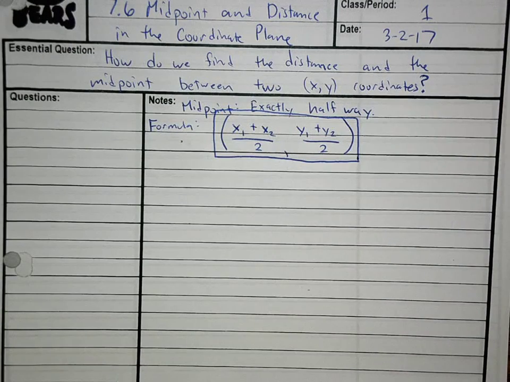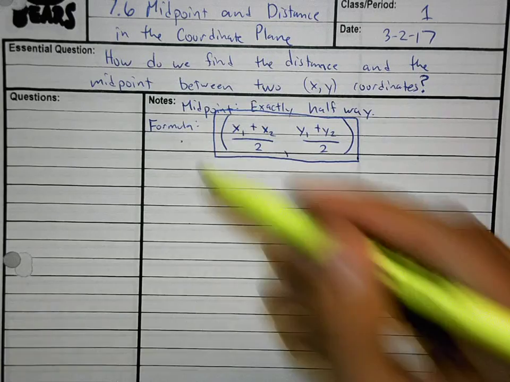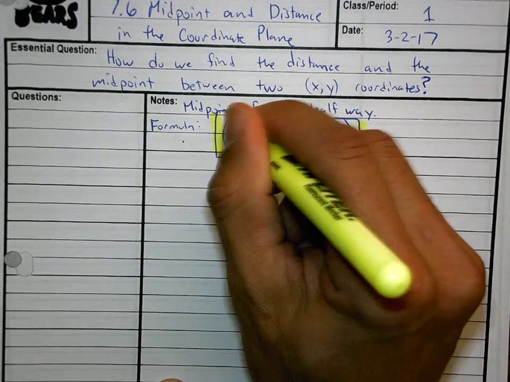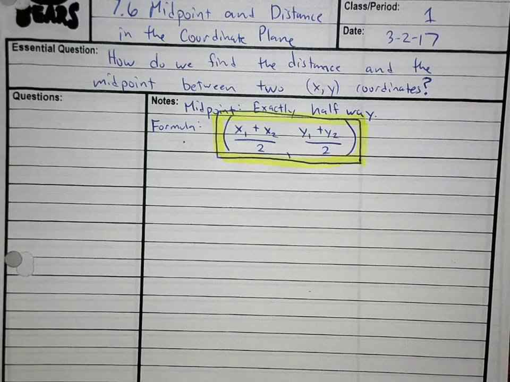As a matter of fact, this is kind of when you go back to highlight things like you are supposed to be doing. This is one that you highlight because it's a main idea of this section. How do we find the distance and the midpoint between two xy coordinates? This is how we're going to do it. When I think about this, it ties in what we learned in Unit 6.